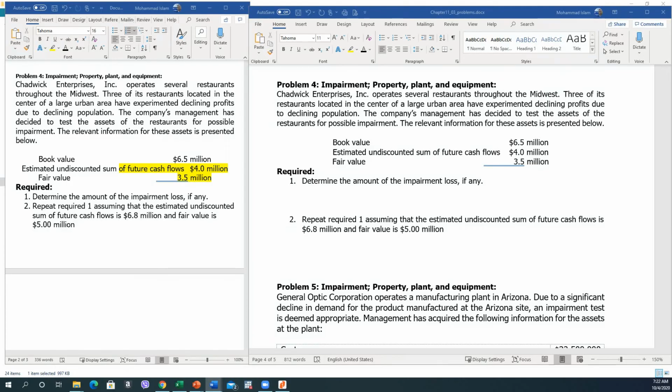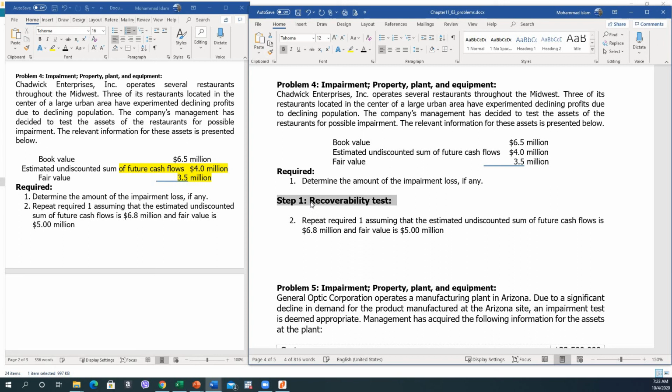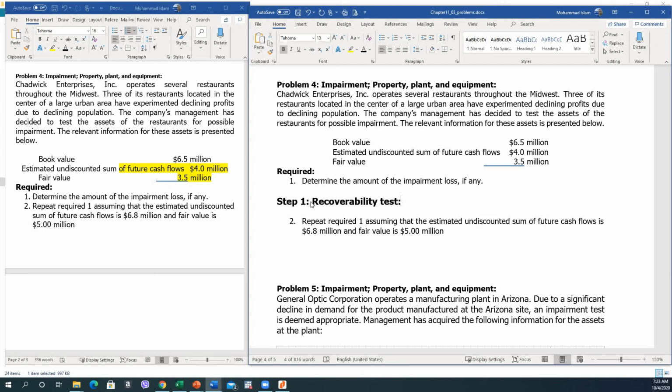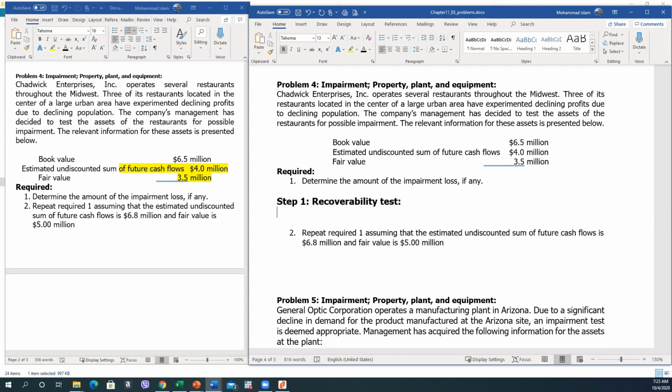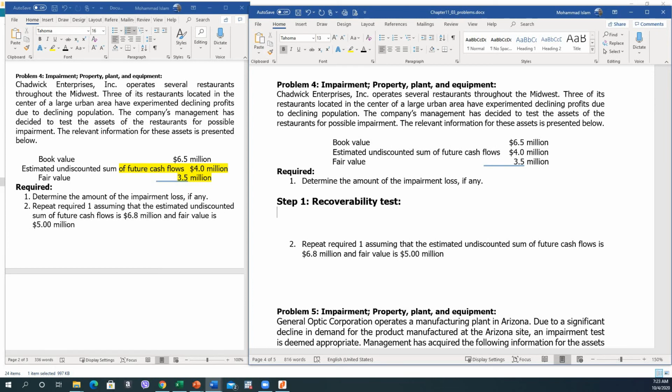So step 1, the recoverability test. How do you do that?